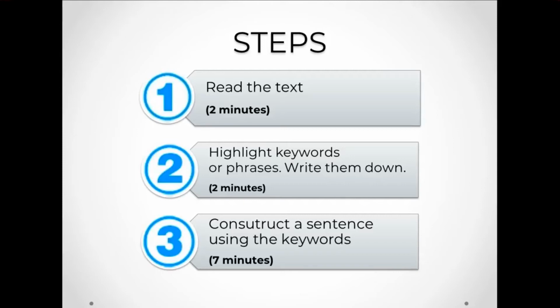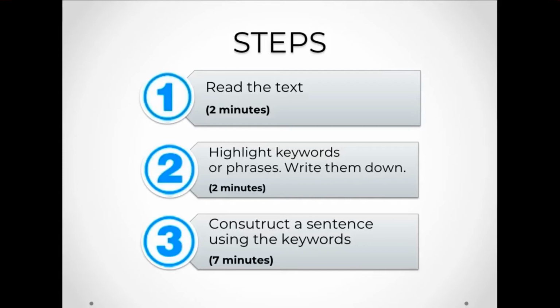However you want to do it, that's fine. But you need to extract those keywords that you are going to recognize and write them down somewhere else so that it will be clean, and you will have an idea of what you need to work with. You will take 2 minutes to do that.